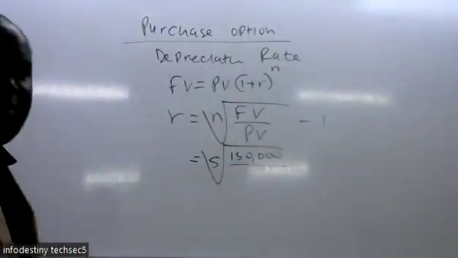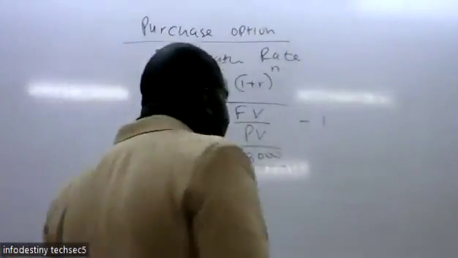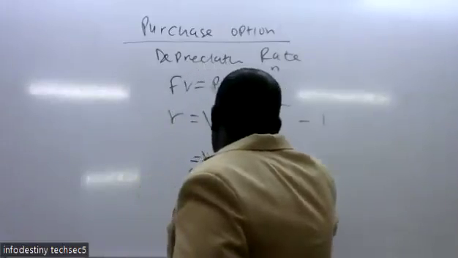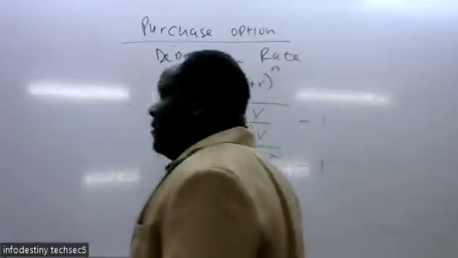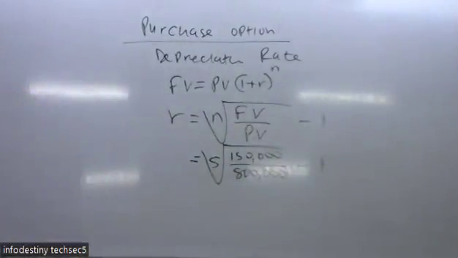That machine, the amount they borrowed to buy the machine, how much was it? It was 800. And now subtract 1. Then express that value as a percentage.